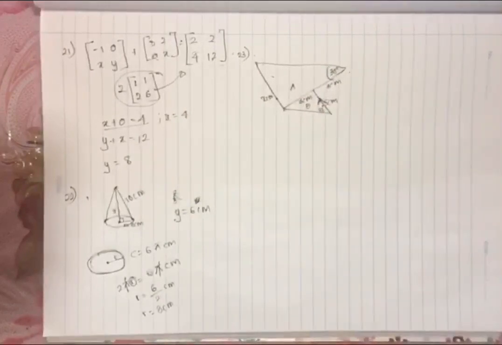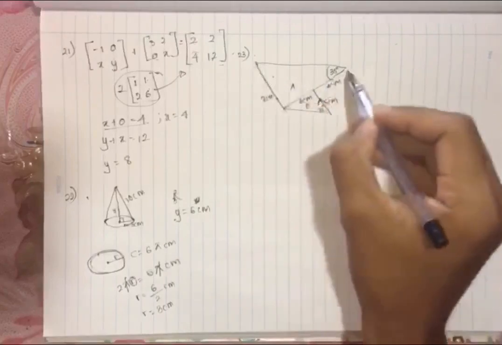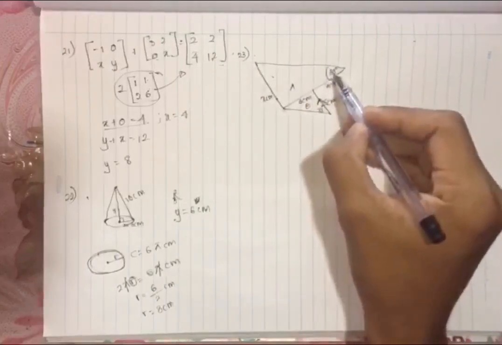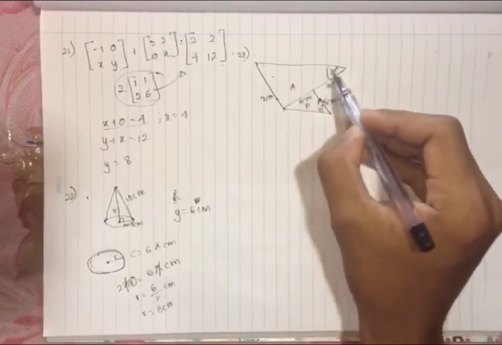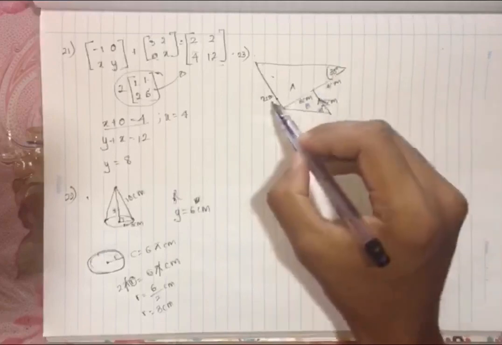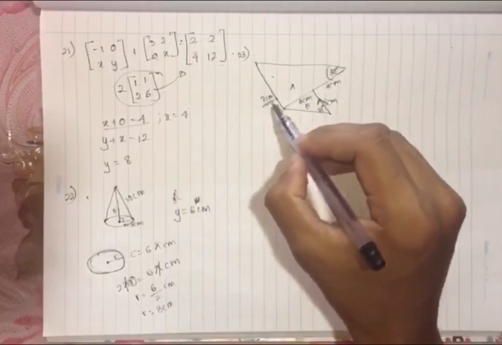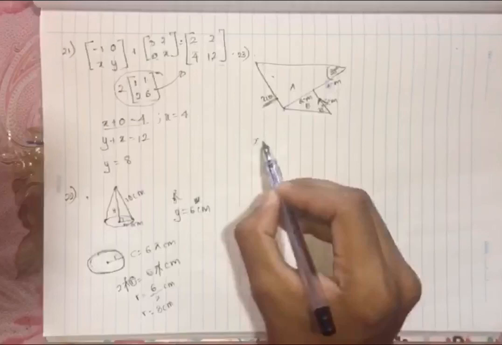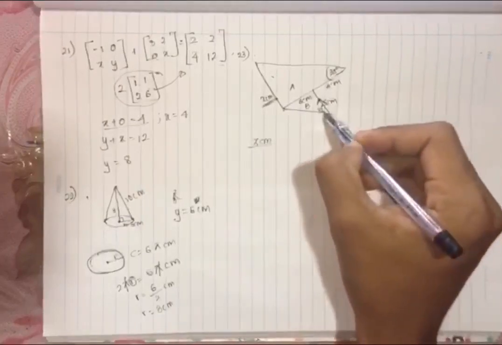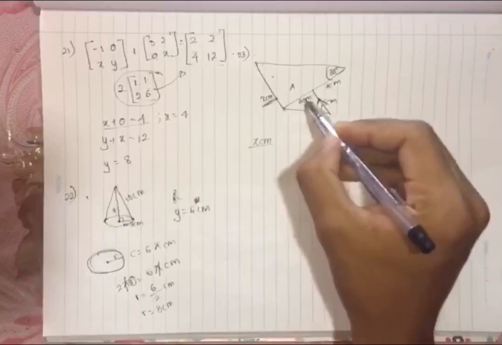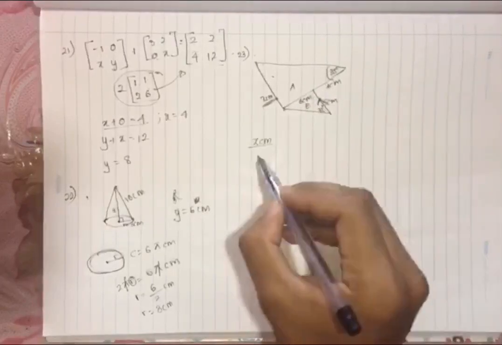Now using equiangular triangles, you can write the corresponding sides. Taking the larger triangle, you have 35 degrees here. In front of this 35 degrees, what is the length of the side you have? x. So let us write x over, go to the same angle of the smaller triangle. What is the length of the side in front of it? 6.